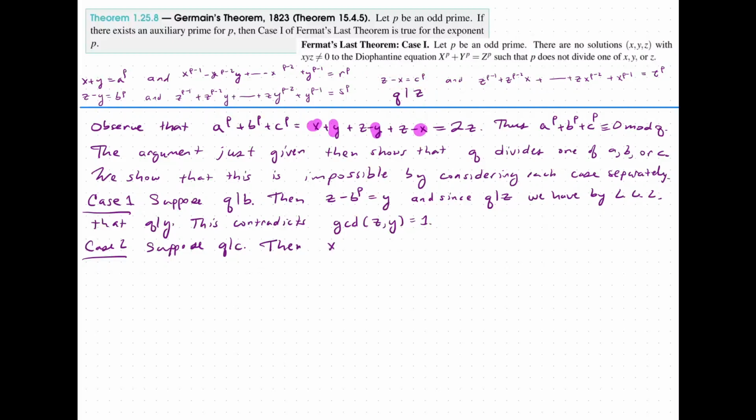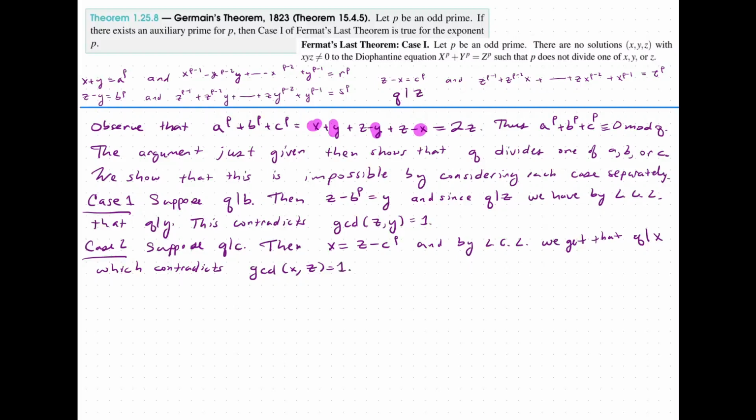So then we have x is equal to z minus c to the p, and once again, by linear combination lemma, since q divides z and c to the p, we have that q divides x, which contradicts the GCD of x and z being equal to 1.